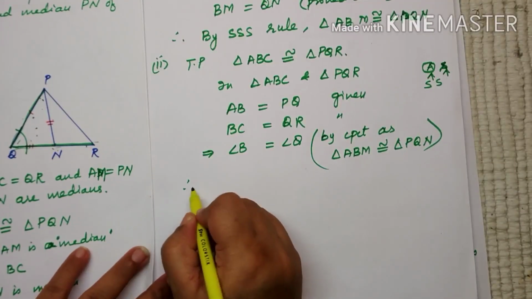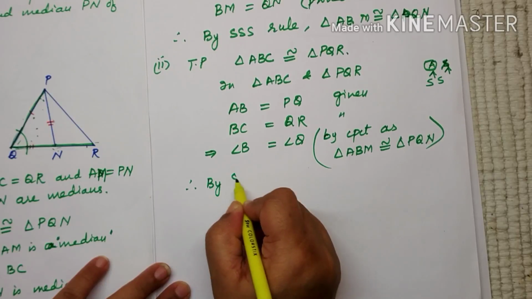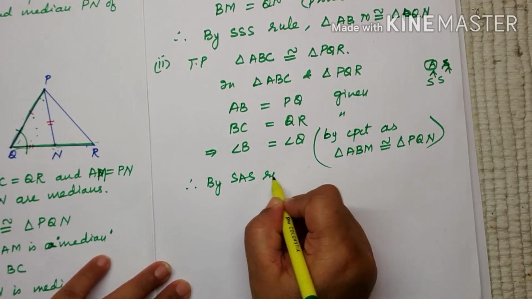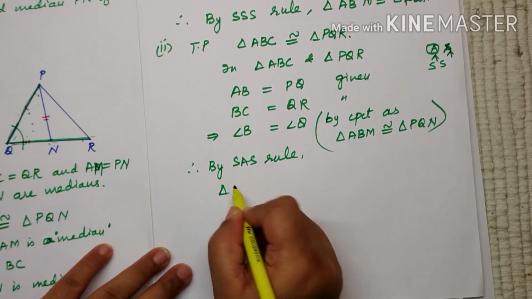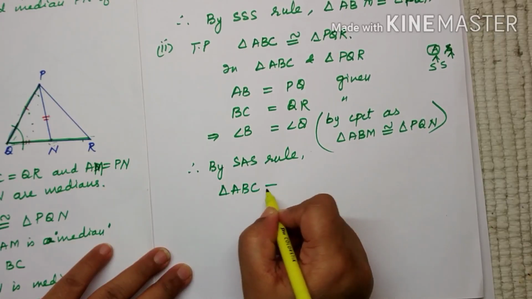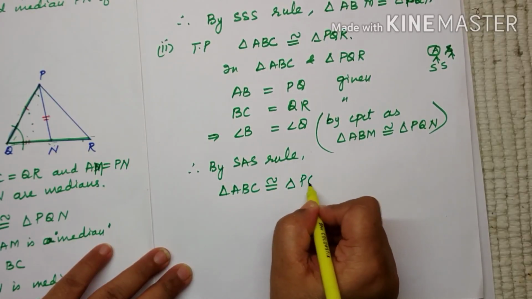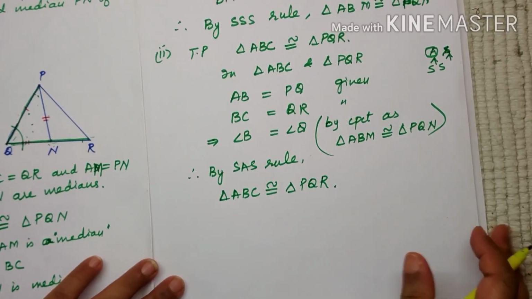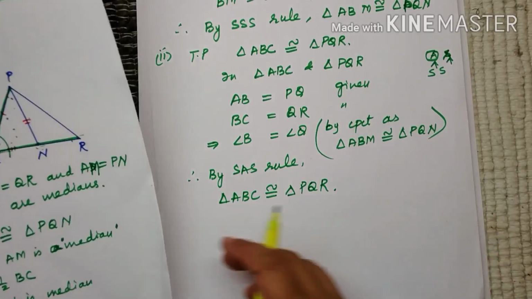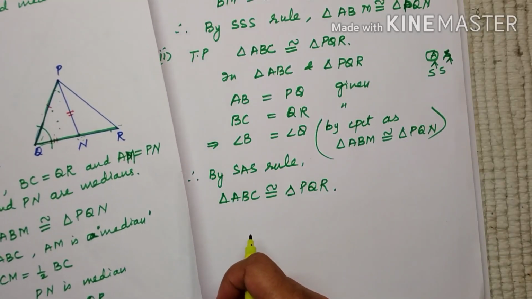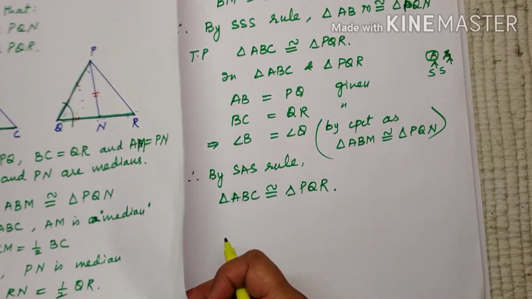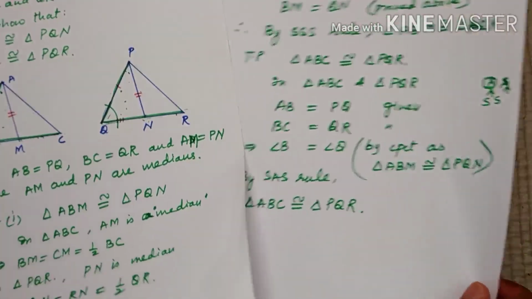Therefore, by the SAS rule, triangle ABC is congruent to triangle PQR. We proved the triangles congruent and we are done with the solution. So this was your question 3, which you have just now proved.